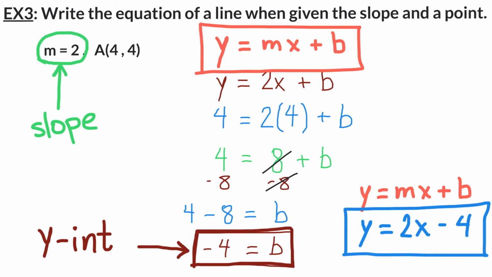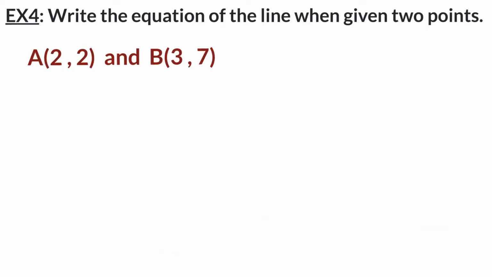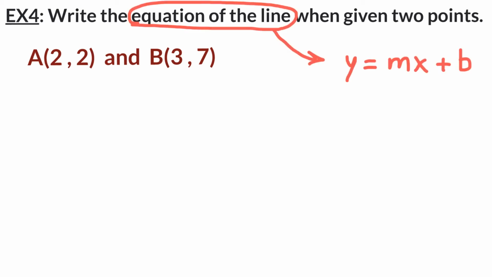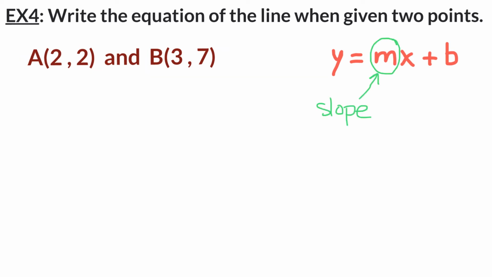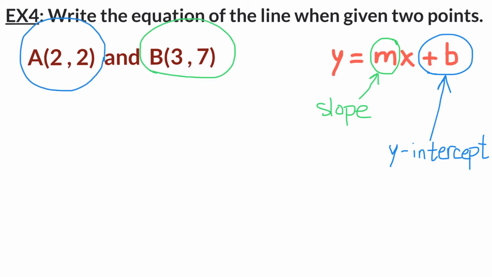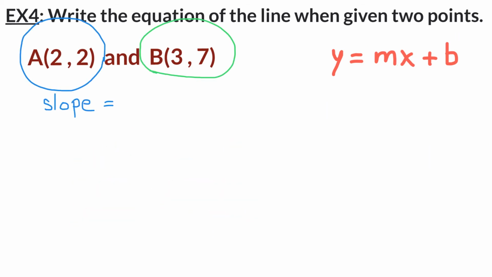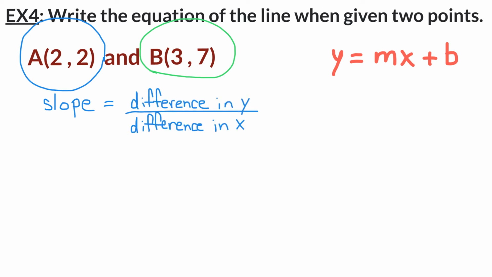Now let's look at the last example. In this example, we are going to write the equation of the line when given 2 points. Remember, to find the equation of the line, we have to find the slope and the intercept. Let's first find the slope between these 2 points. Remember, slope equals difference in y divided by difference in x.